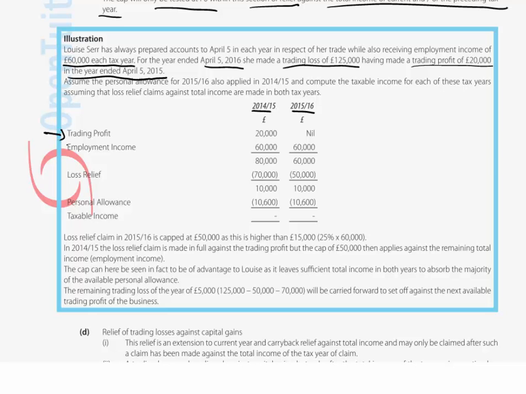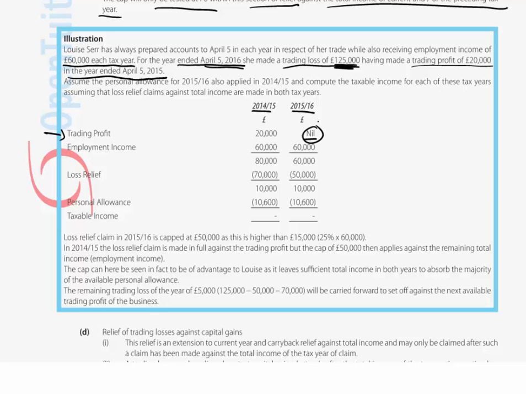So far as the trading profit is concerned, we were told that the year ended April the 5th, 2016, of course, is synonymous with the tax year. Using CYB, that's a nil assessment, a loss there for the year ended 5th of April 2016 of £125,000. Whatever the level of loss, 125, 25, 100,000, whatever, the assessment is nil.